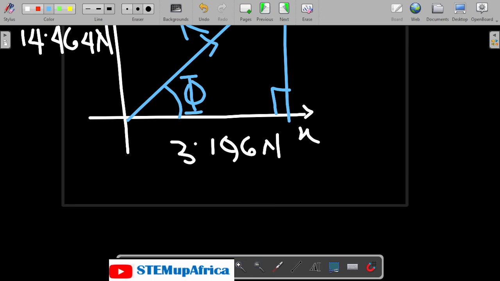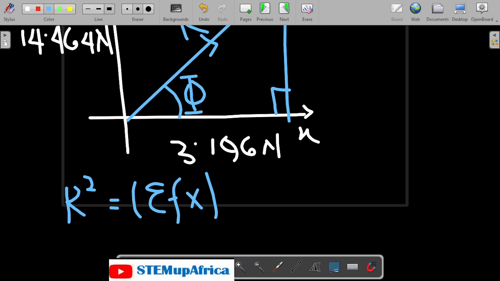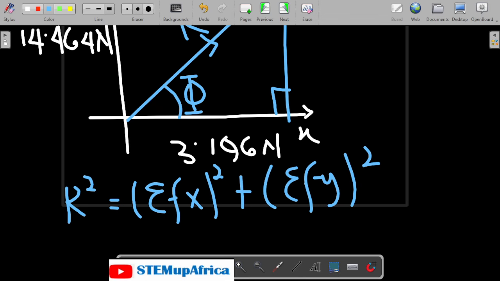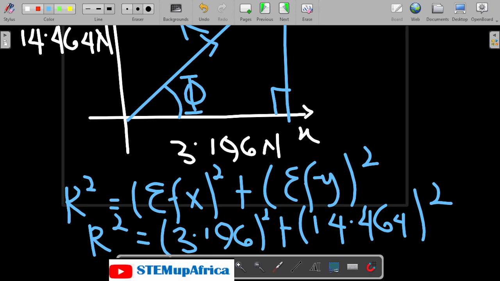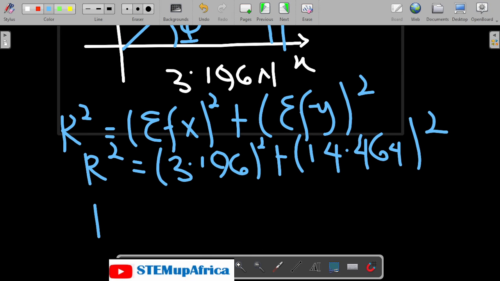By applying Pythagoras theorem, R squared is summation F of x squared plus summation F of y squared. So R squared will be 3.196 squared plus 14.464 all squared.